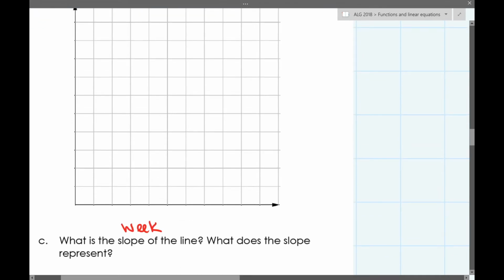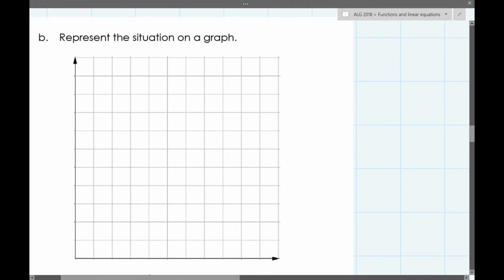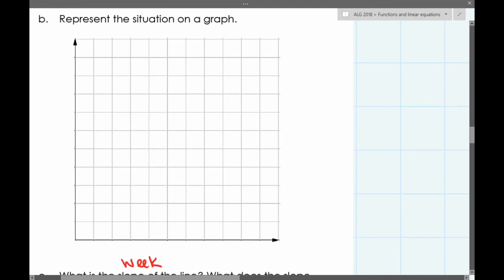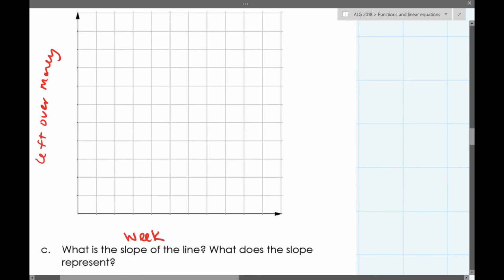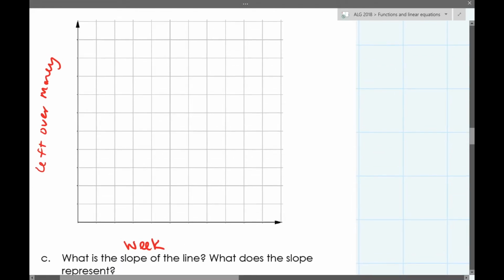The y-axis is going to be leftover money, so how much money I have left over depending on the week. So on weeks, let's just go easy. Once again, 1, 2, 3, 4, 5, 6, 7, 8, 9, and 10.